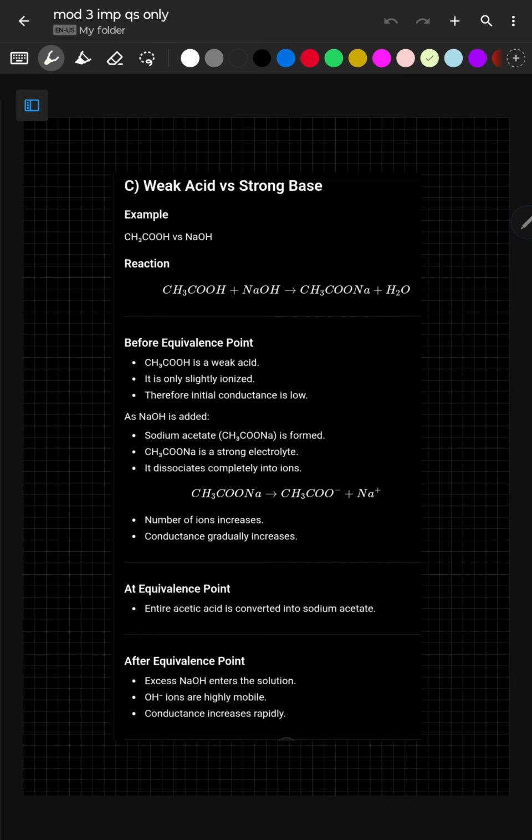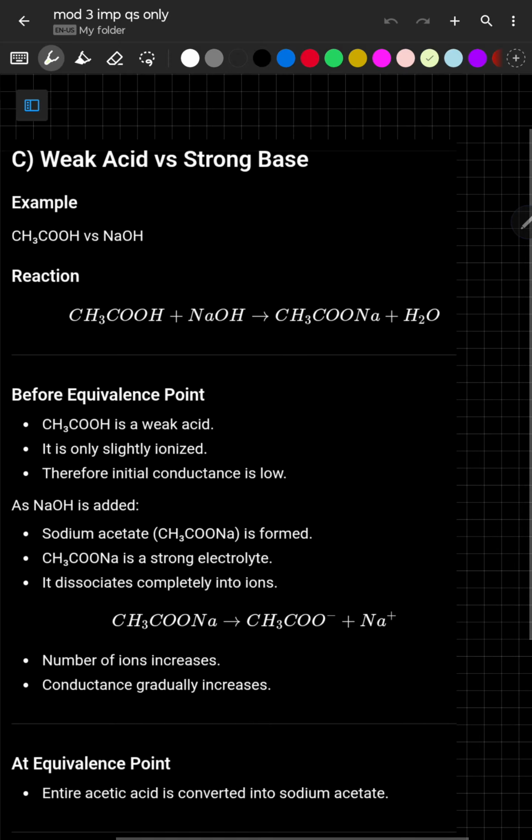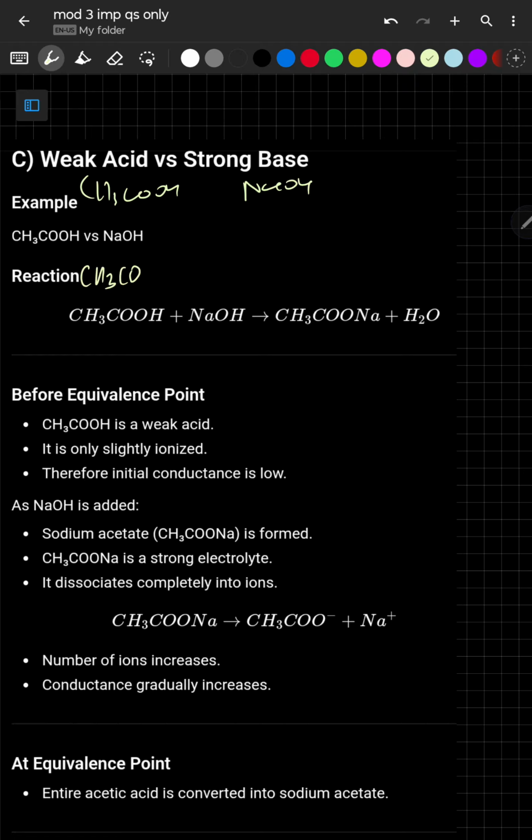Okay, next coming to the weak acid, strong base. Weak acid, what did I say? We'll take CH3COOH and base NaOH. So this I'll write as H plus CH3COO minus plus Na plus OH minus.